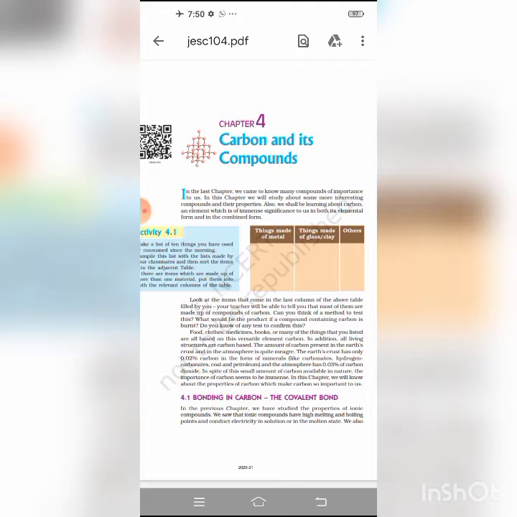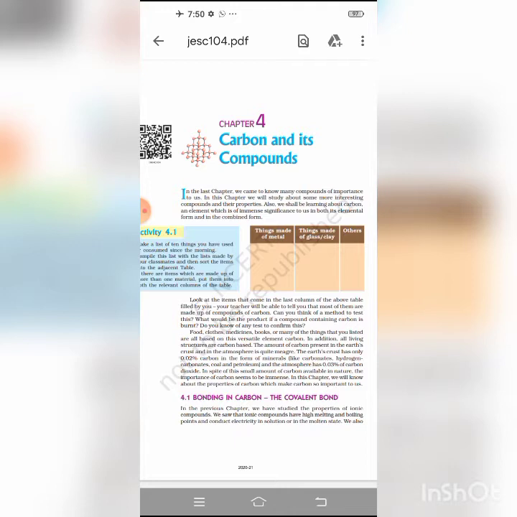Student, in diamond each carbon atom is joined to 4 carbon atoms. We know that the valency of carbon is 4, and so carbon has 4 open hands, and it can hold in these open hands various elements. It may be carbon, it may be others, any kind of element.